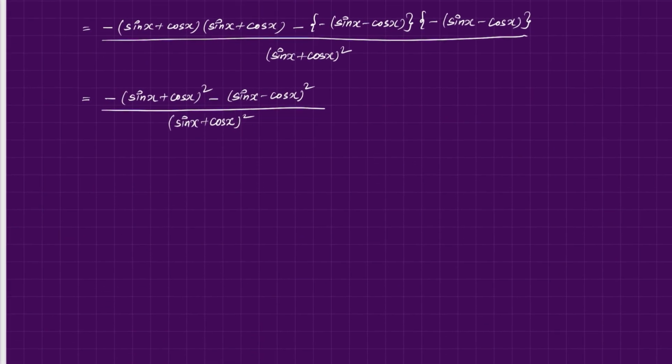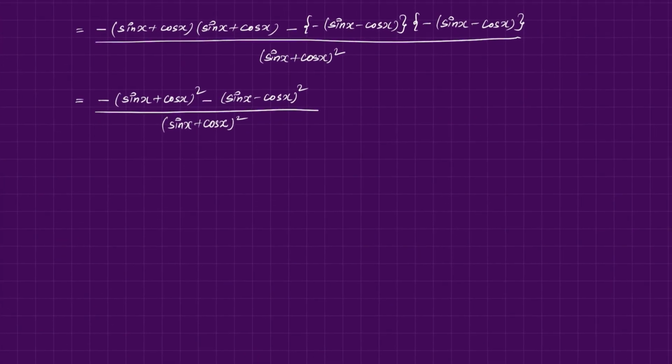So let me simplify the numerator. We will expand these two terms using the a plus b whole square and a minus b whole square formulas. So here it will be minus a plus b whole square, a square plus b square plus 2ab, minus, here also we will expand using the formula of a minus b whole square.